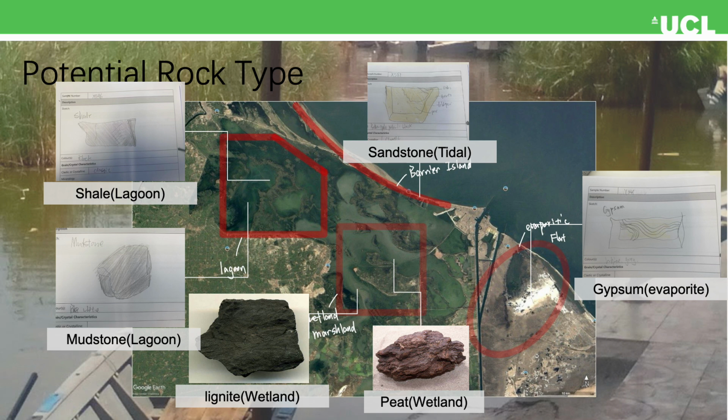In wetlands, organic accumulation can form peat, which may transform into lignite with burial. And in isolated or reclaimed flats, evaporation can precipitate gypsum and other evaporites. Altogether, this lithology represents the diverse depositional environments across this deltaic wetland system.